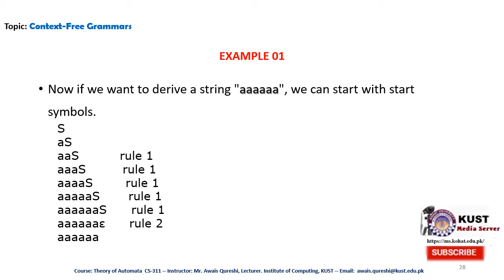So example number one: now we want to derive the string aaa. We start with the start symbol S, and S implies aS, and after that, because S is a non-terminal, we can replace S with aS. As you can see, we have replaced S with aS, then again S with aS, then again S with aS. So we are applying this production rule multiple times on the right hand side.